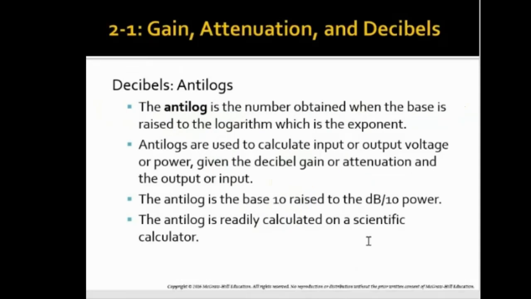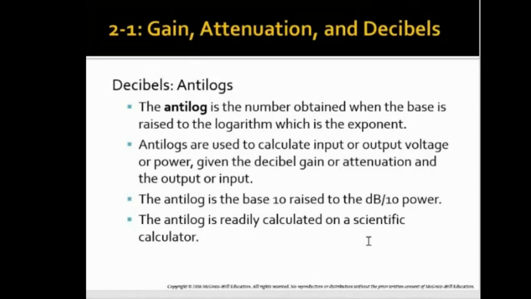What is anti-log? Sometimes we have a gain or attenuation in decibels, and we may have input or output voltage or power. Then we want to find the other input or output value.